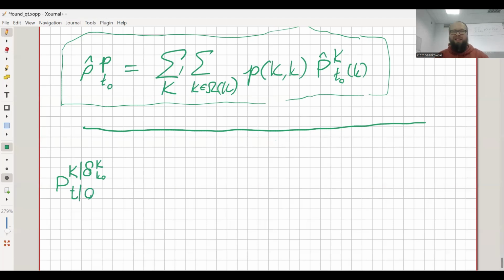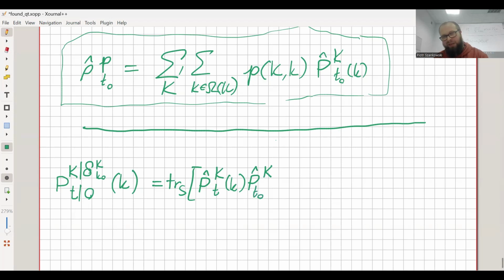Okay. For k, which, you know, in our Hilbert space representation, would be nothing else than you have the projector associated with device k at time t, result k, and then initialization is associated with the same k, but at time t0, and result k0.